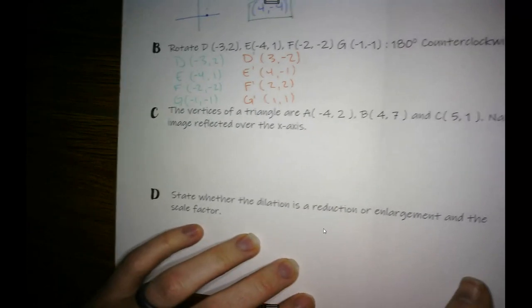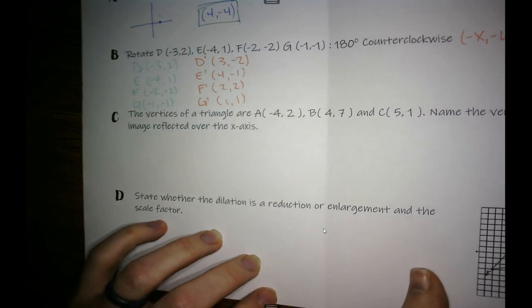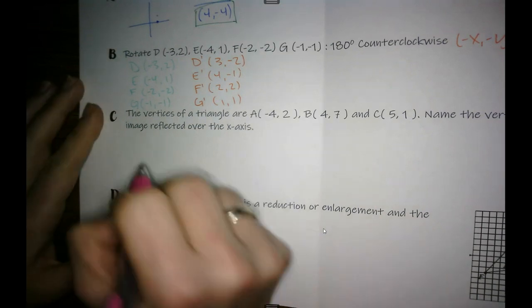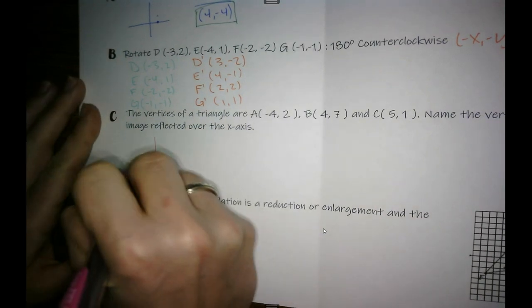All right, the vertices of this triangle are at A, B, C. Name the vertices of the image reflected over the x-axis. So I am going to actually draw a picture for this one.